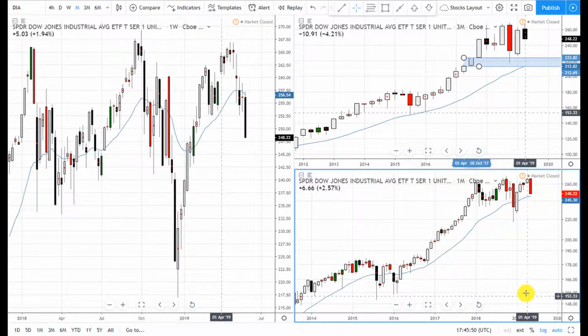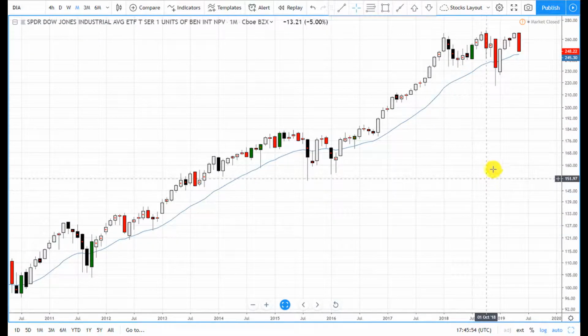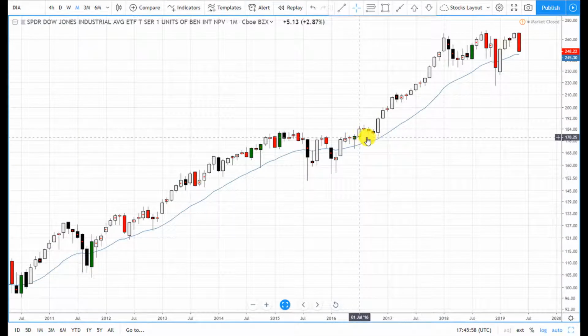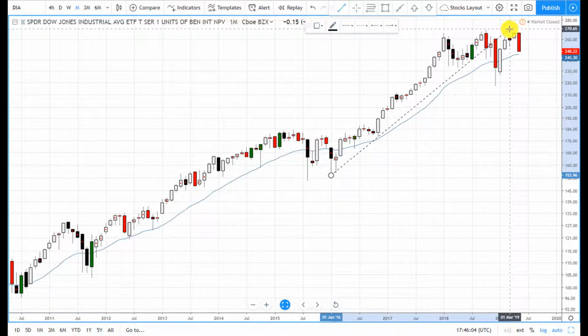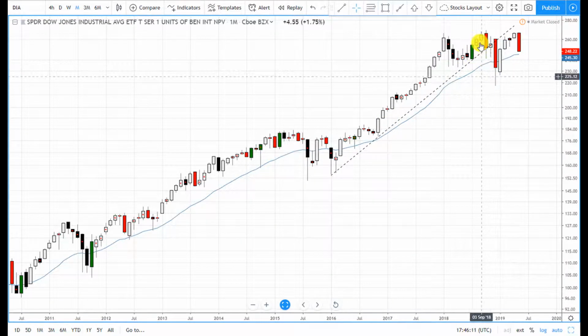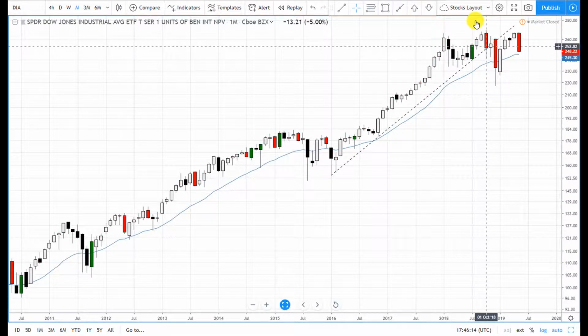On the monthly chart, it's kind of small, so let's zoom in a little bit. We can see that if we draw the trend line here, the trend line was broken because this big red candle formed and it broke the trend line.